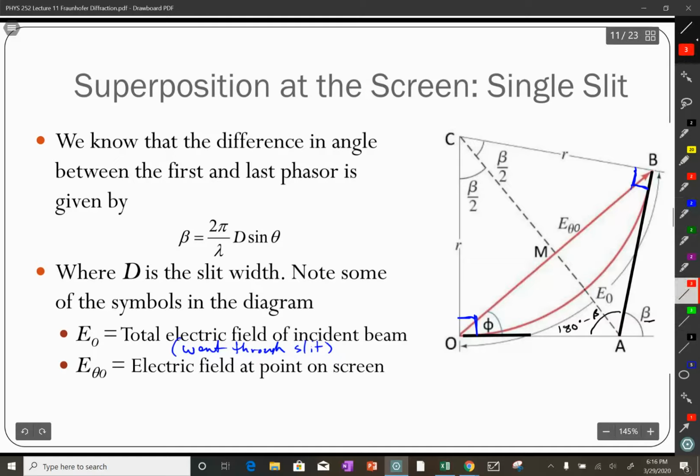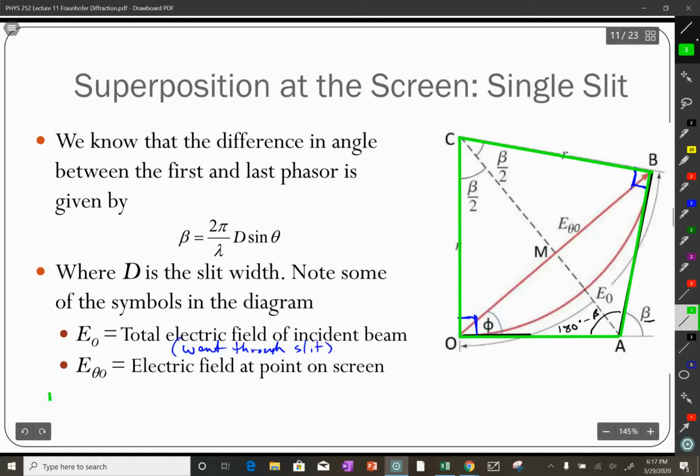I'll do the four sides in green. So there's one side, another side, another side, another side. And we know the sum of the interior angles of a quadrilateral is 360 degrees.